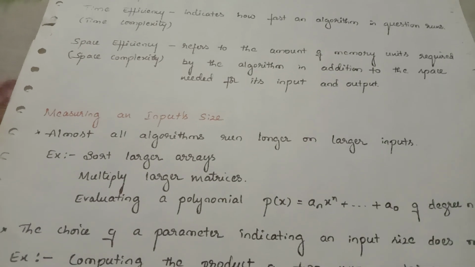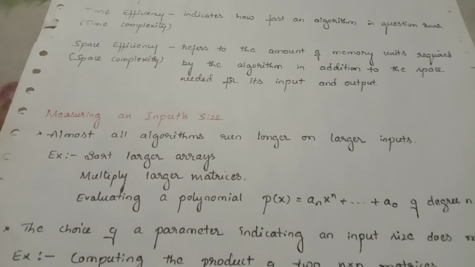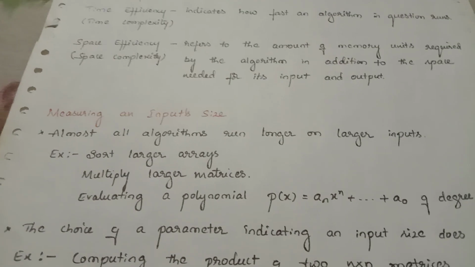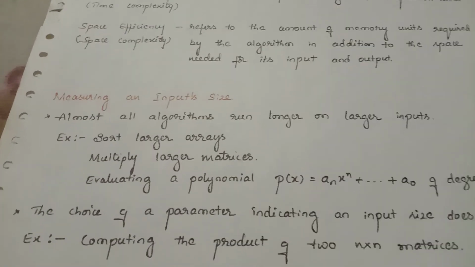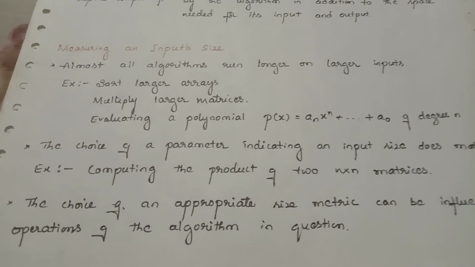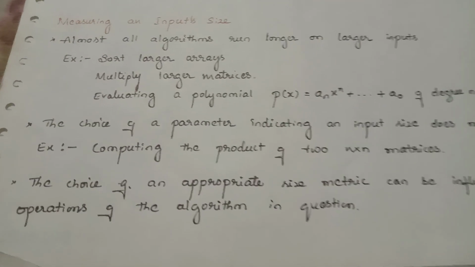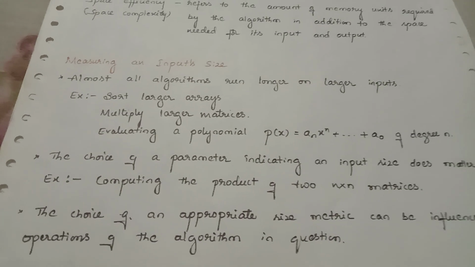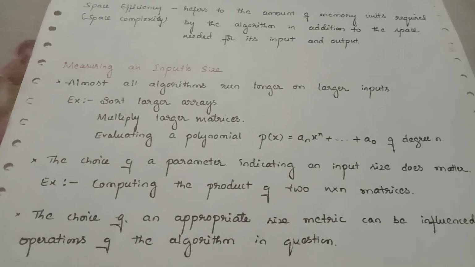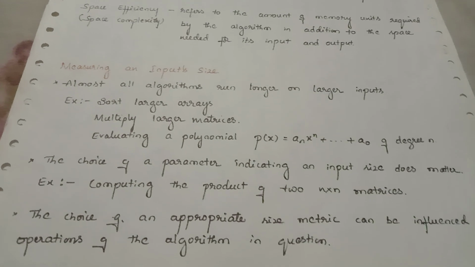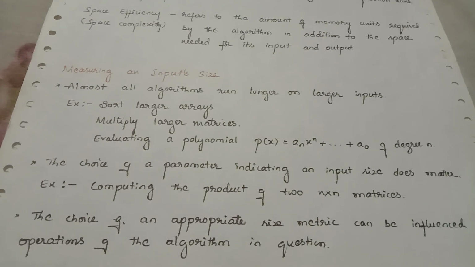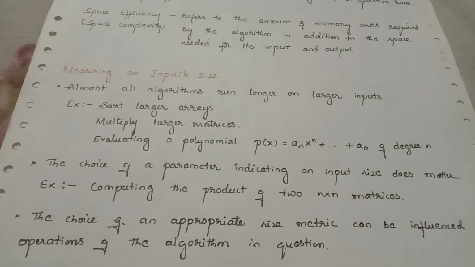When we start finding the time efficiency of an algorithm, the first step is measuring the input size. So let us see how to measure the input size. We start with the obvious observation that almost all algorithms run longer on larger inputs.